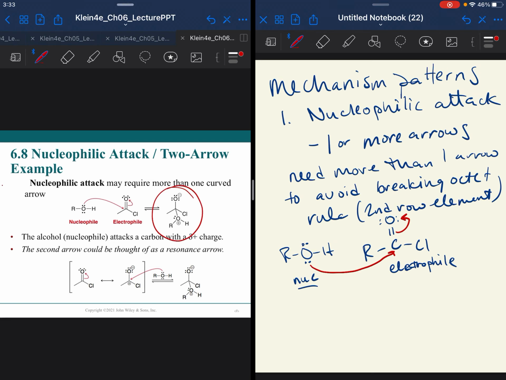And so you wind up at first getting this intermediate. All that we've shown is the new bond between the carbon and the oxygen. And we showed that this bond here, the pi bond, broke, and we wound up getting extra electrons on that oxygen up top. Now, that's not the end of that reaction.